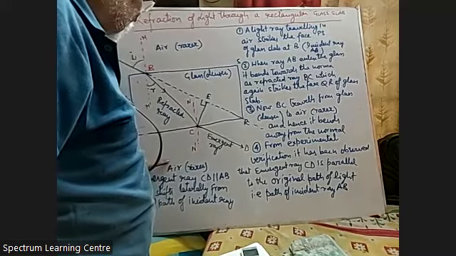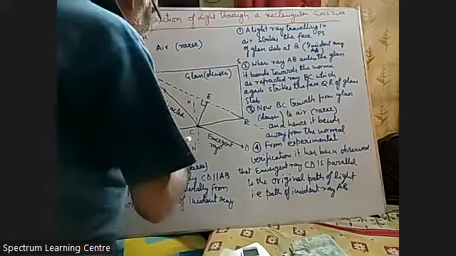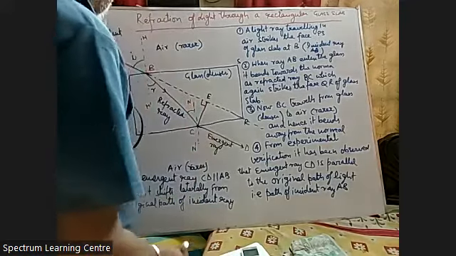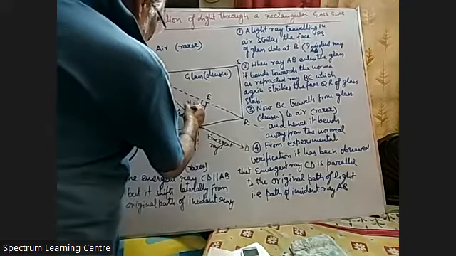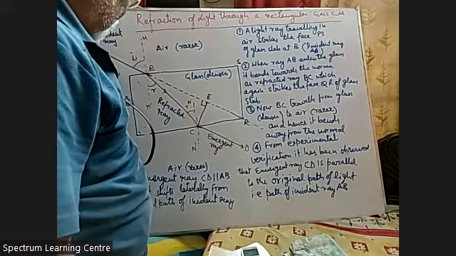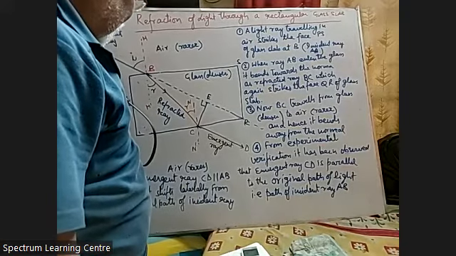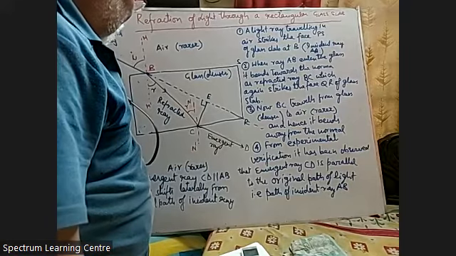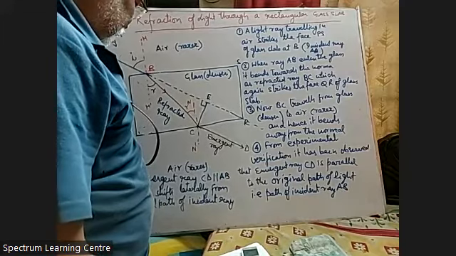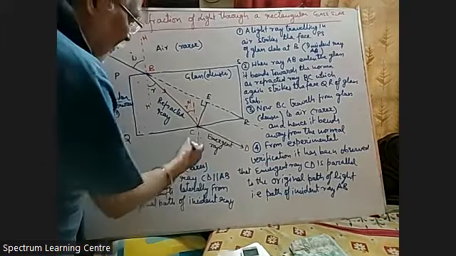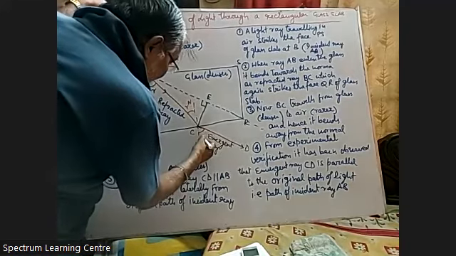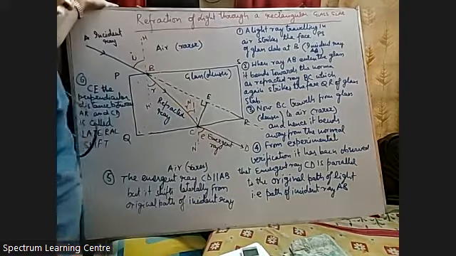Clear? Now you can see this angle and this angle are equal. This is also r. Now this angle is known as angle of emergence.